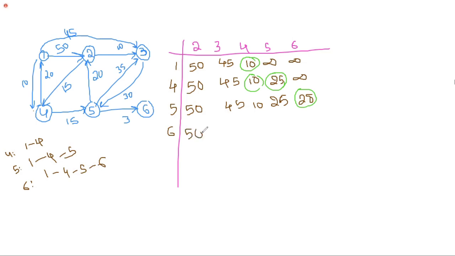It is 50 only. Next, 1 to 3, 45. 1 to 4, it is 10. 25, 25, and 20, 28. Next, which vertex will you consider as the minimum vertex?